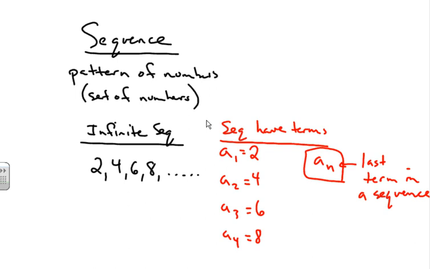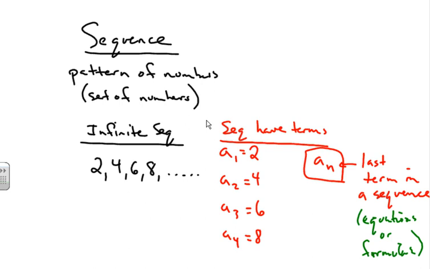Terms that have variables in them are something familiar that you've probably said before. These are known as equations or formulas. And what we have here is we're looking for a formula or an equation that will represent this sequence.